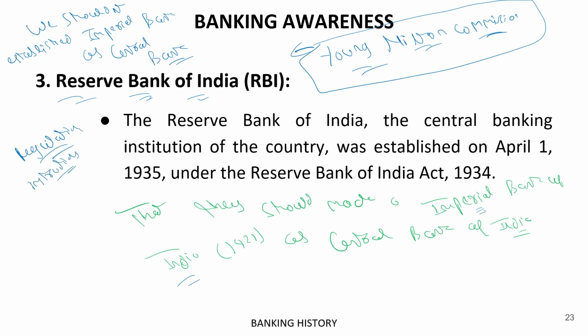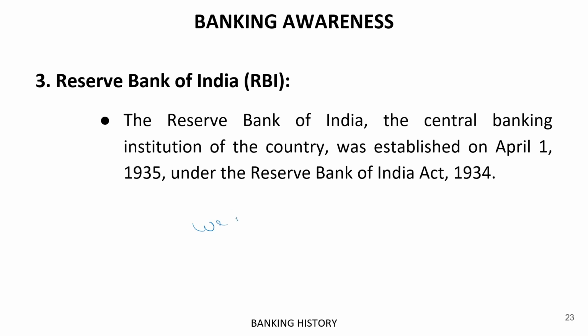It would take time, right? And the competition and the condition of the banking system was worst at that time. So the Hilton Young Commission totally rejected this idea. They said we need to establish a separate bank as the Central Bank of India.